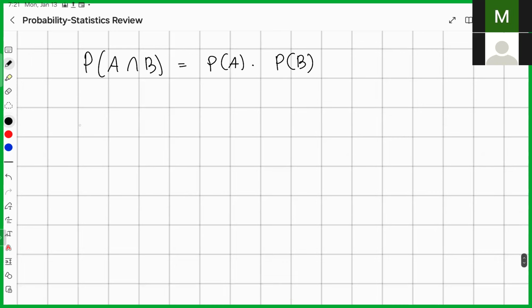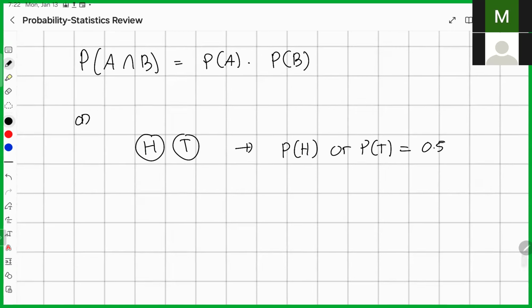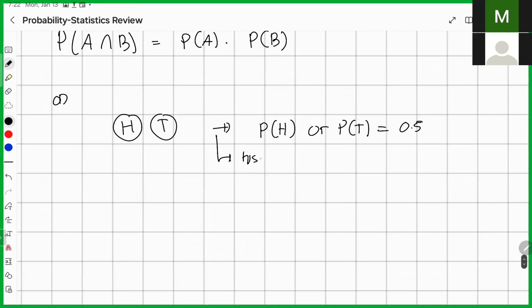So for example, if you have a coin, we know the probability of a coin to get head or to get tail is 0.5, correct? And then if you toss the coin 5 times, the probability just needs to be multiplied 5 times.